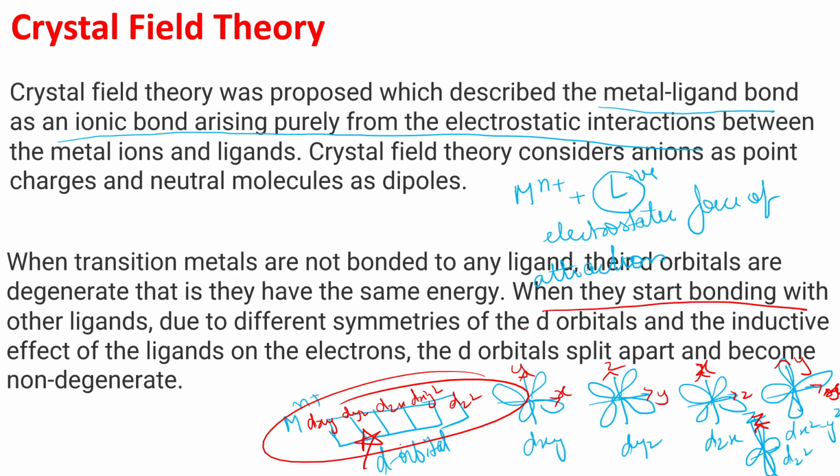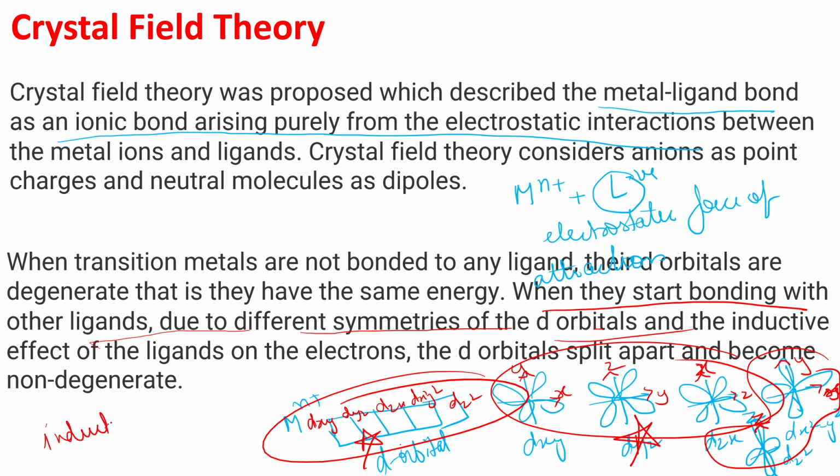When they start bonding with the ligand, due to the different symmetries of the d orbitals, three have lobes in between the axes, and two have lobes present on the axes.